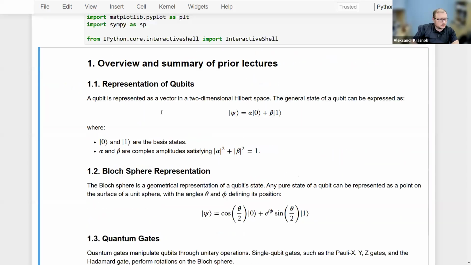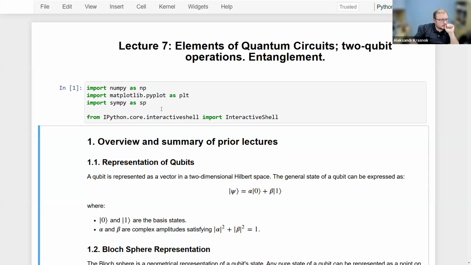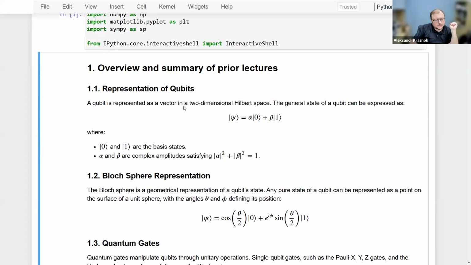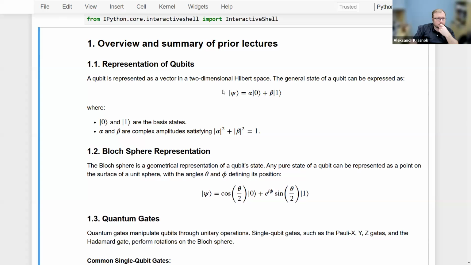As usual, I'm starting with importing some libraries, and let us quickly overview what we learned. So all this is based on the computational unit, which is a qubit. It is a system that can be in two states simultaneously at the same time.